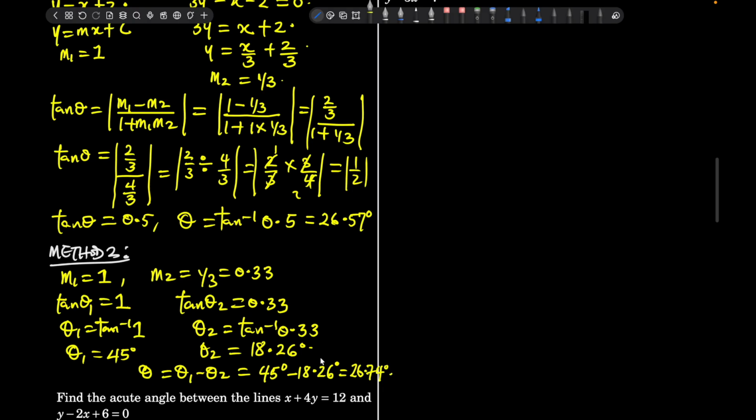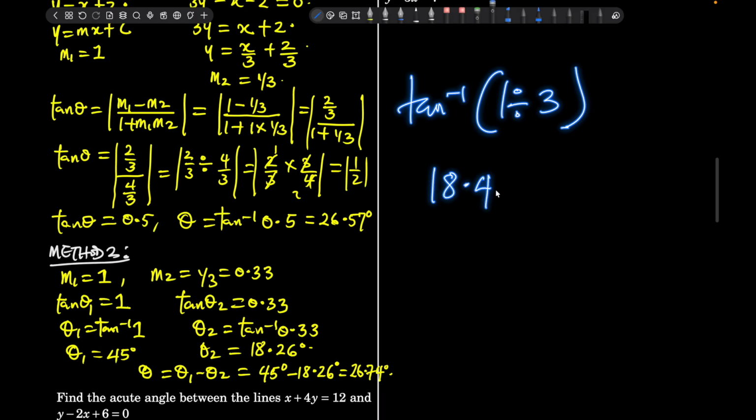Now you might be wondering why our answer is slightly different. The reason is the approximation of this 1 over 3. If you press your calculator very well, arctan, and you put 1 divided by 3 inside the bracket, your answer will be 18.43.